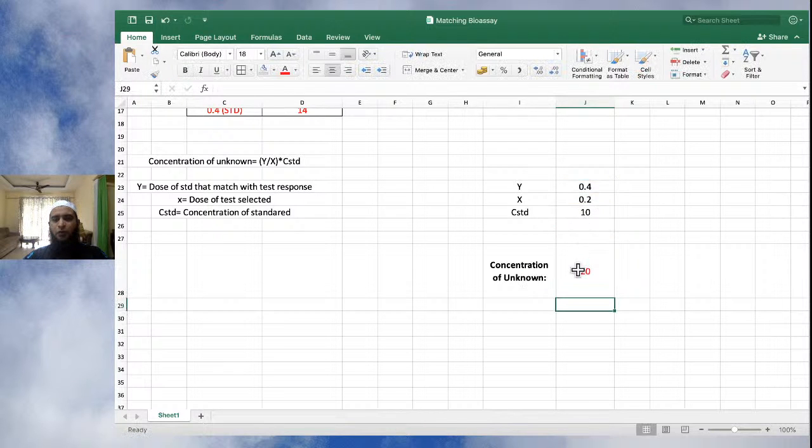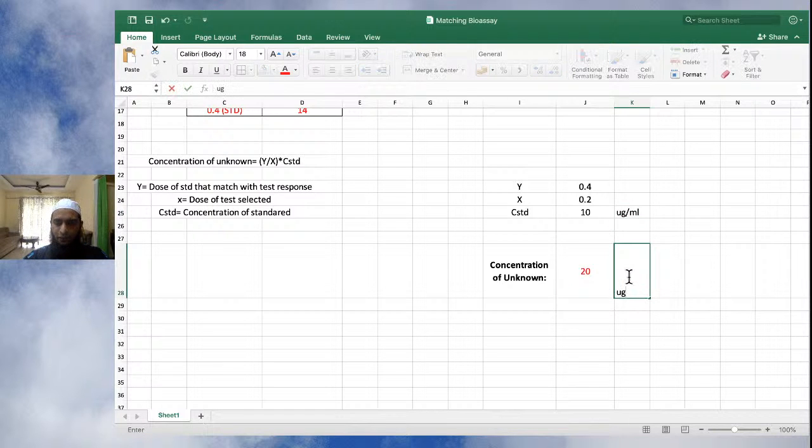So your concentration of unknown comes to 20 microgram per ml. Why is it in microgram? Because our concentration of standard was in microgram per ml, so you will get the concentration of the test also in microgram per ml.